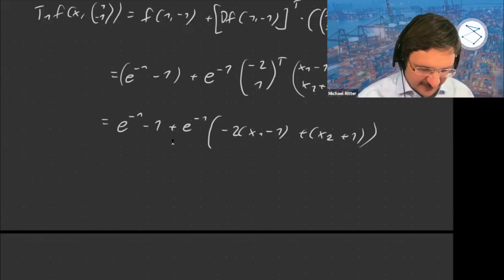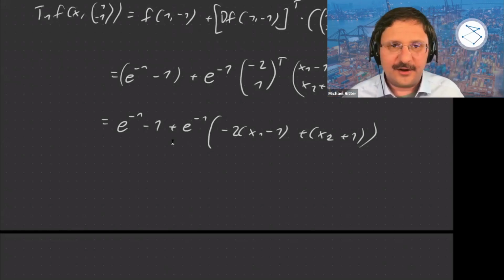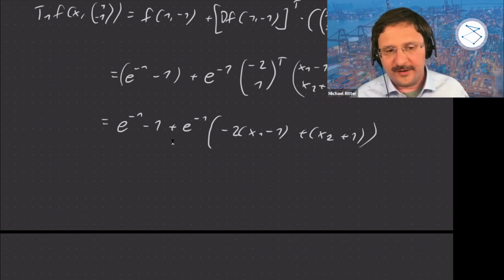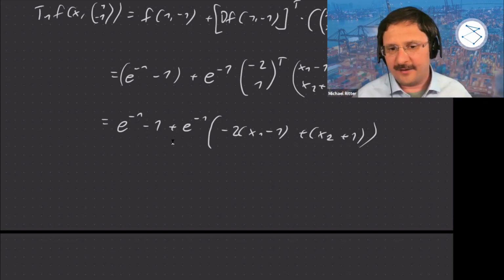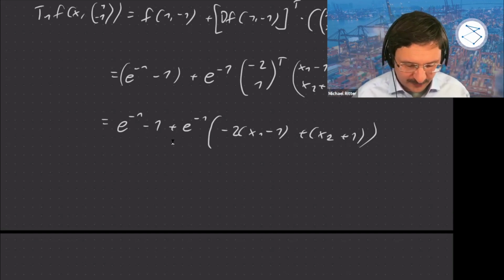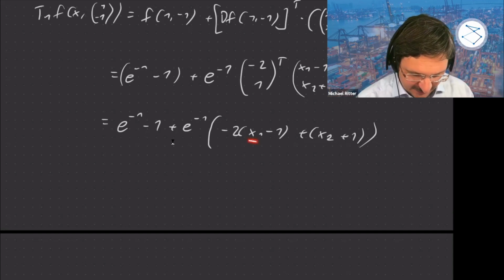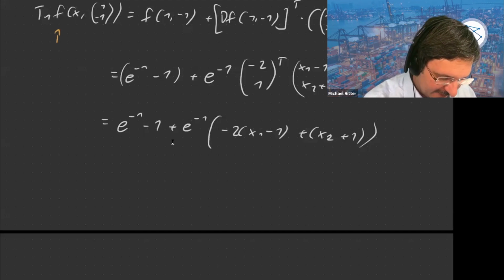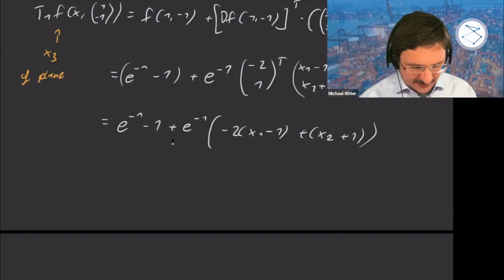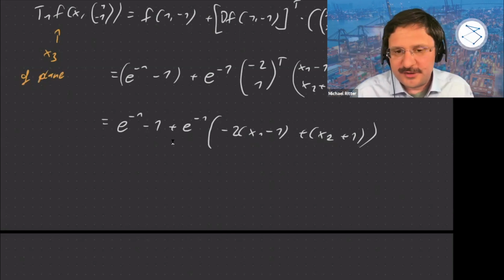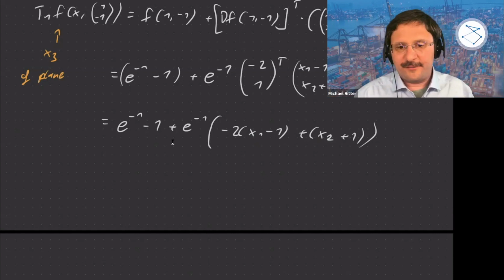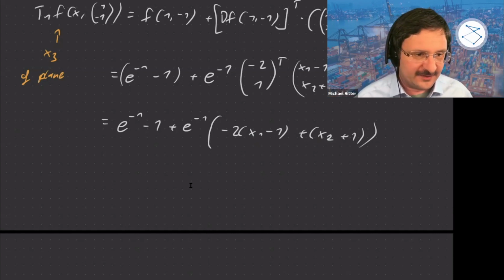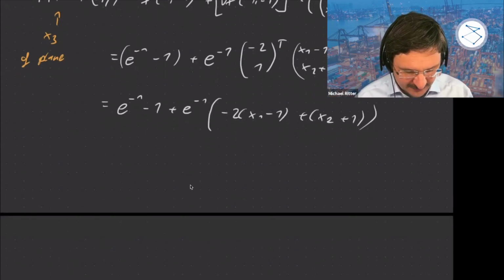And of course, the value of that Taylor polynomial here, that's the third coordinate of the plane, the tangential plane that we're looking for. Right, so here's x1, x2, and that T of that is our x3 of the plane, the function value. So basically what we have to do is we just need to bring that into the right form and collect the terms as necessary. So let's try to do that.